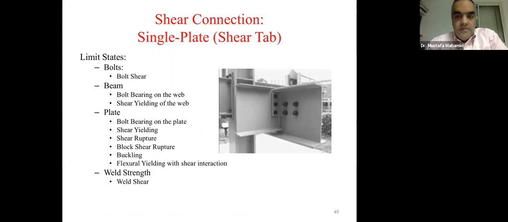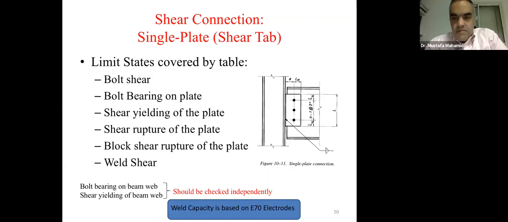This is a simple, easy connection, but there are many limit states that need to be checked, and this is the detail of it given in figure 10-11 of the AISC manual.